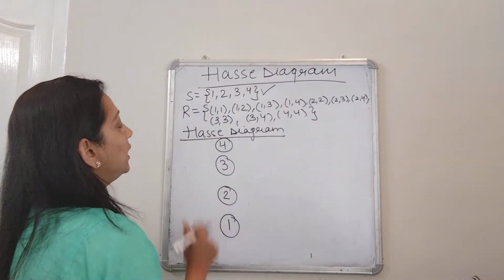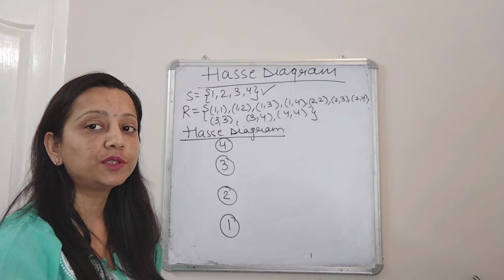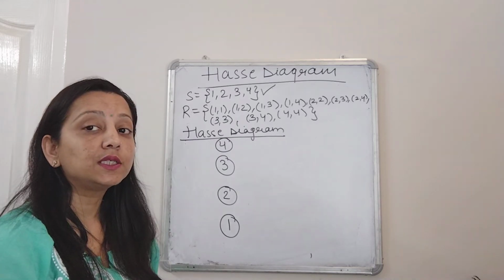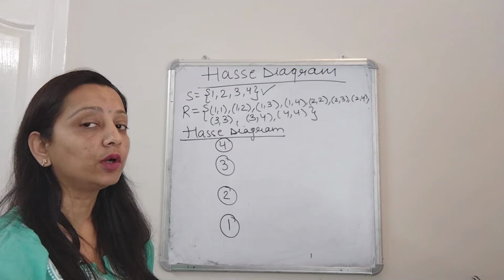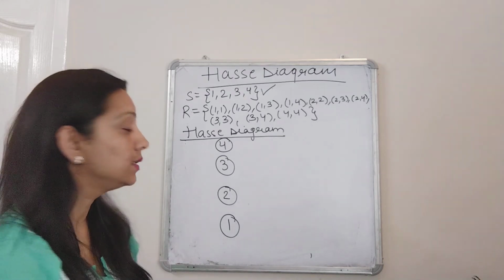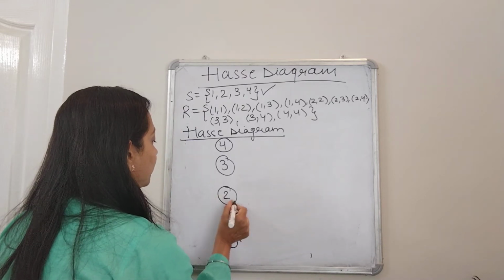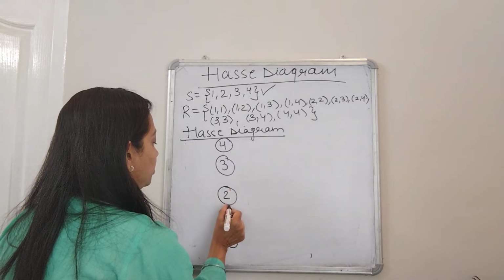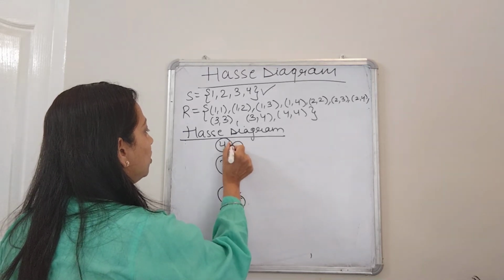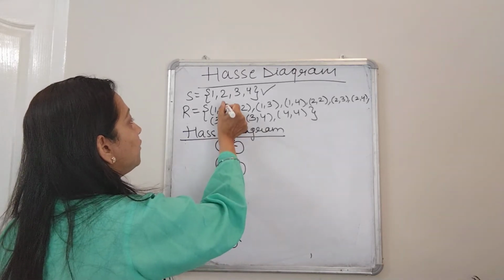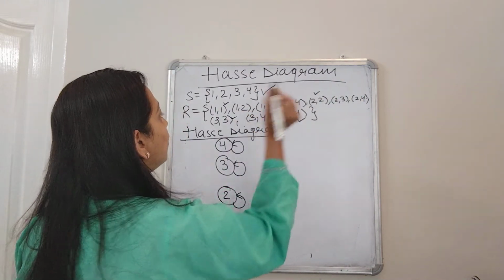Now let's see which elements are related. Of course, without even seeing, I can say that there exist self loops in this graph because it is a Hasse diagram, and a Hasse diagram has to be on a partially ordered relation which is always reflexive. So there will be self loops 1 to 1, then 2, then 3, then 4. So these are all the self loops for these elements 1, 1, 2, 2, 3, 3 and 4, 4.